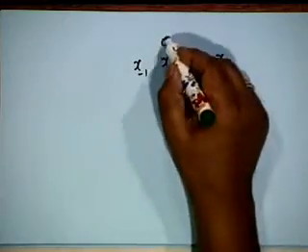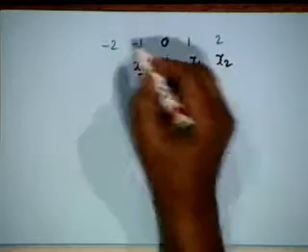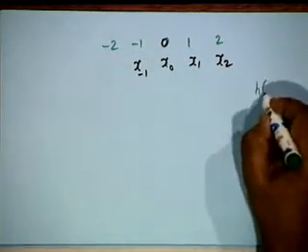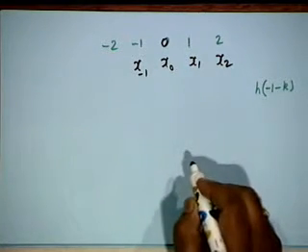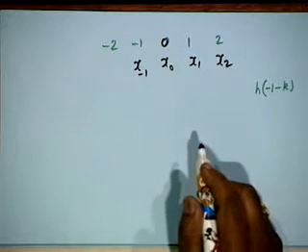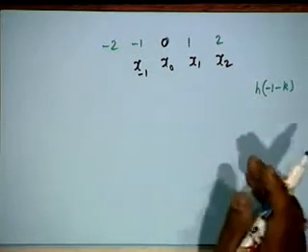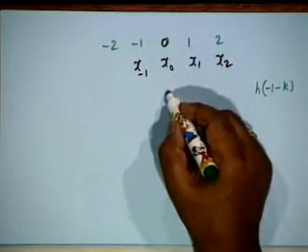The k values are 0, 1, 2, minus 1, minus 2. Then I require h of minus 1 minus k, and h of minus 1 minus k would be the same sequence shifted to the left. Now, what will be in this position?